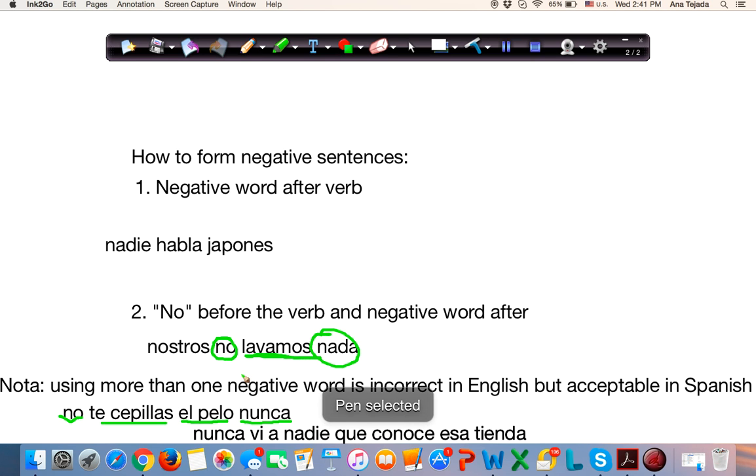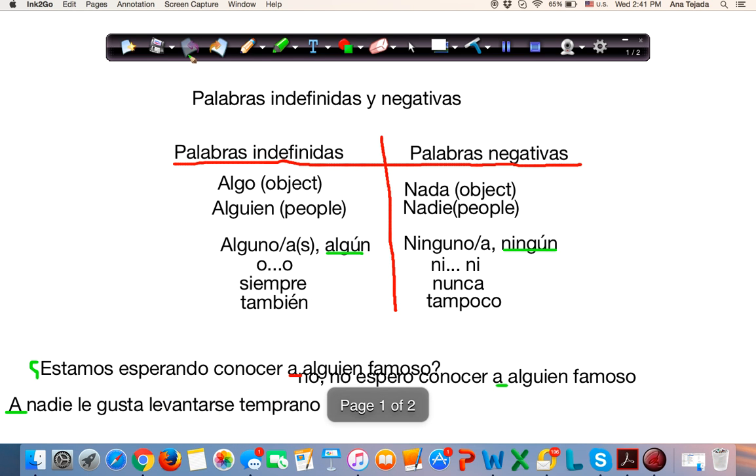Okay, let's look at this. We have the word nunca. Vi a nadie que conoce esa tienda. Vi comes from the verb ver. So let's look: nunca, a nadie. Both words show up here. Nadie and nunca.